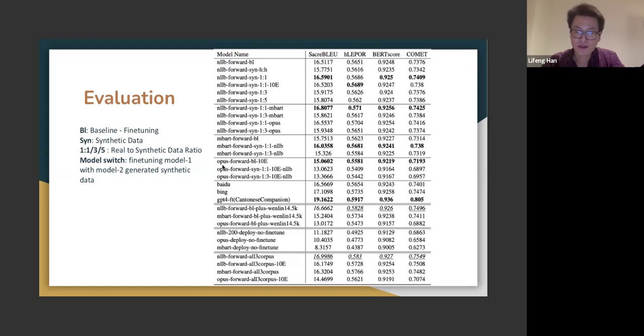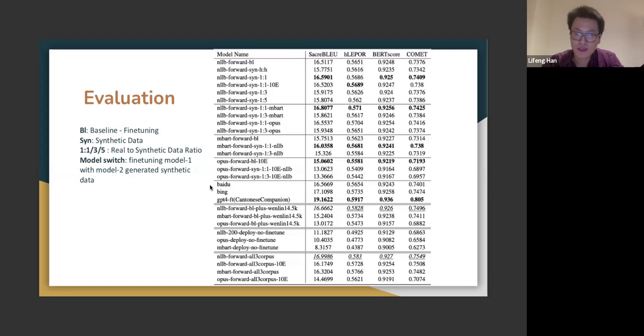Similarly, this cluster is using Opus as the base model. Here, 10E is 10 epochs, because the default is 3 epochs instead of 10, due to our limited computational resources.